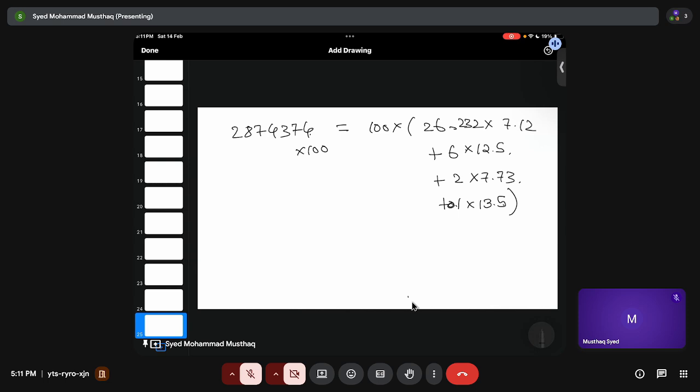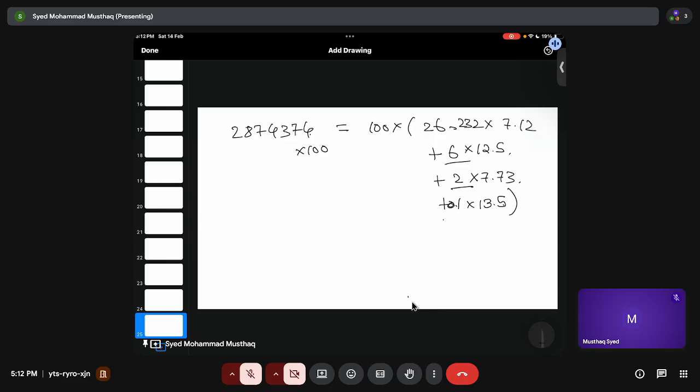The 6 is coming from your carbon, 6 moles from carbon, 2 moles from hydrogen, and 0.1 from sulfur dioxide.